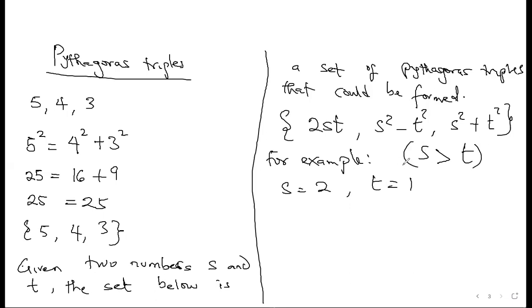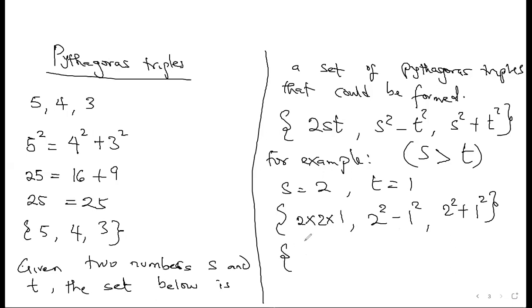Pick a number such that s is greater than t. So if I substitute these numbers, s equals 2 and t equals 1 here, then I will generate a Pythagoras triple. So now I will have 2 times 2 times 1, then 2 squared minus 1 squared, and 2 squared plus 1 squared.